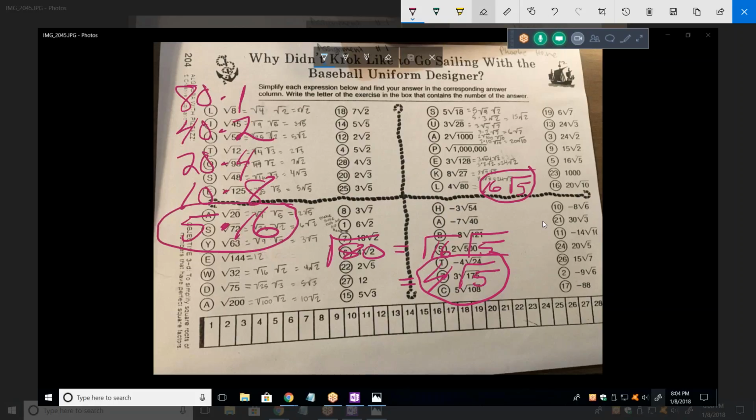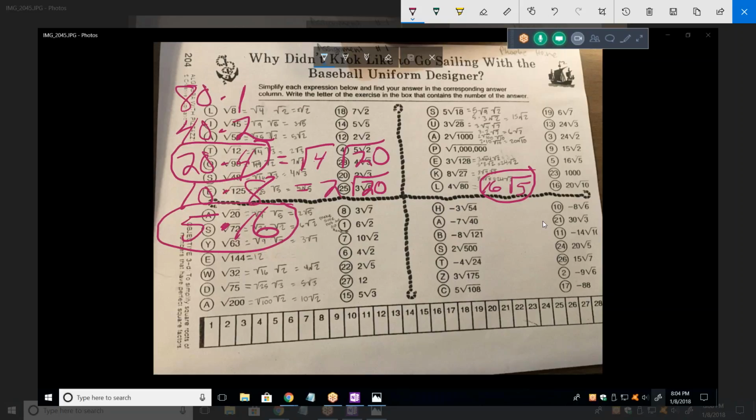Now, let's talk about this. This is a good one to talk about because you don't necessarily have to find the biggest factor. Look at those two numbers. Those are also factors of 80, and 4 is a perfect square number. So this would be the square root of 4 times the square root of 20, which would be 2 root 20.